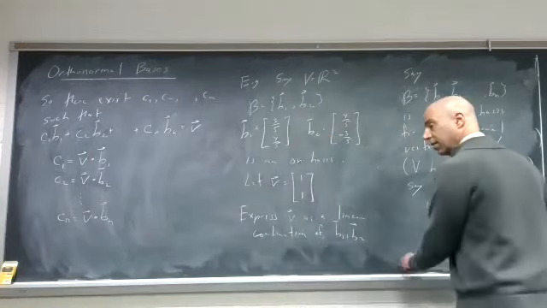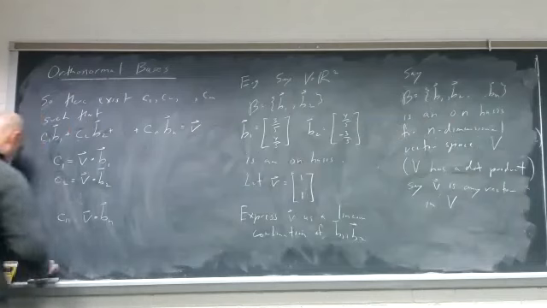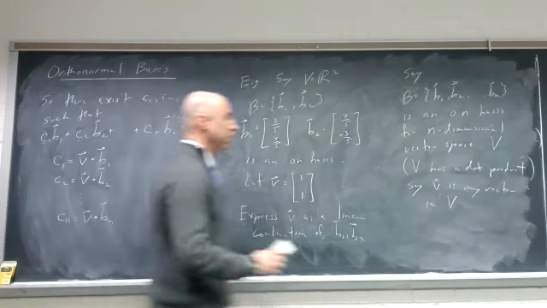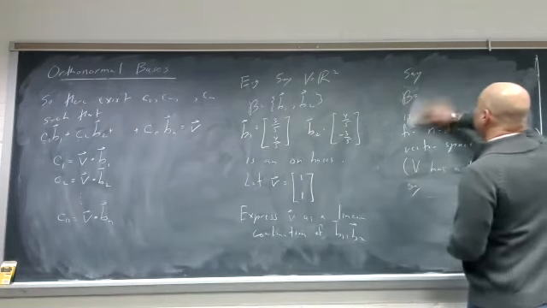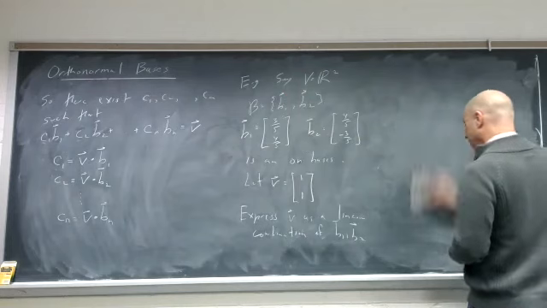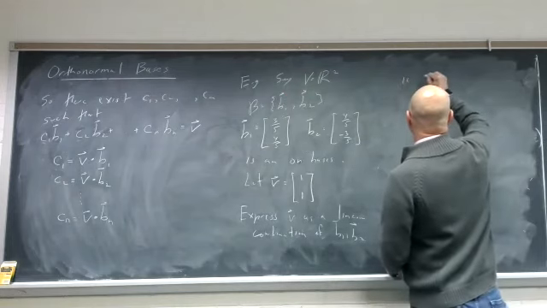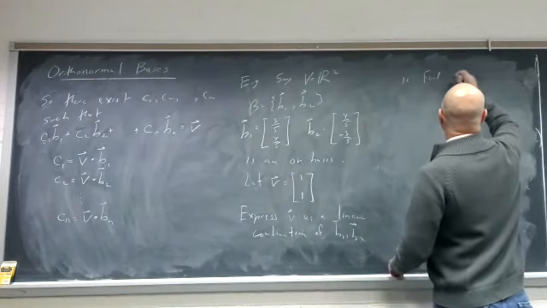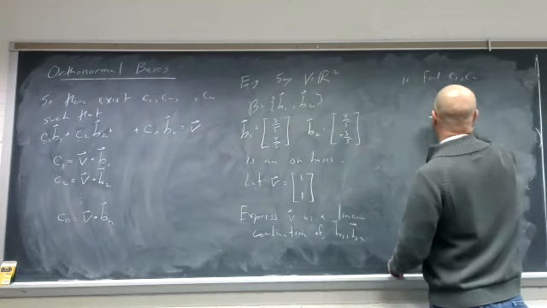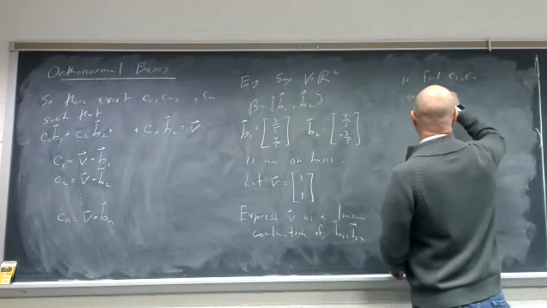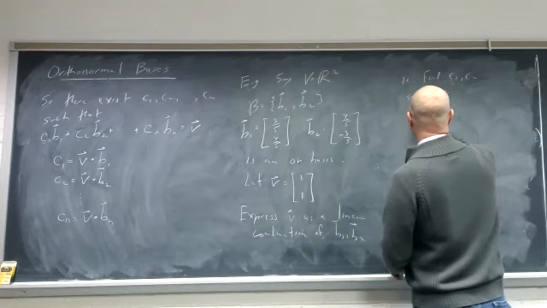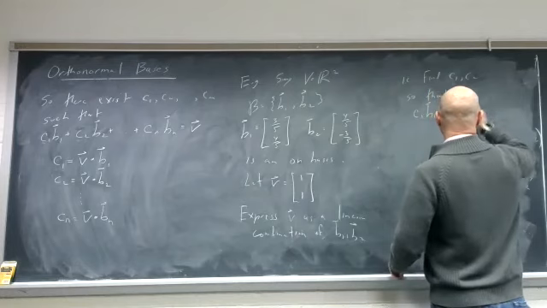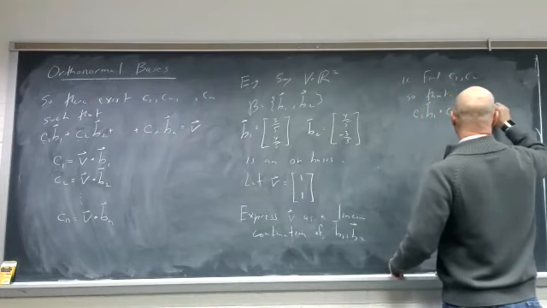In other words, find C1 and C2 so that C1 times B1 plus C2 times B2 equals v.